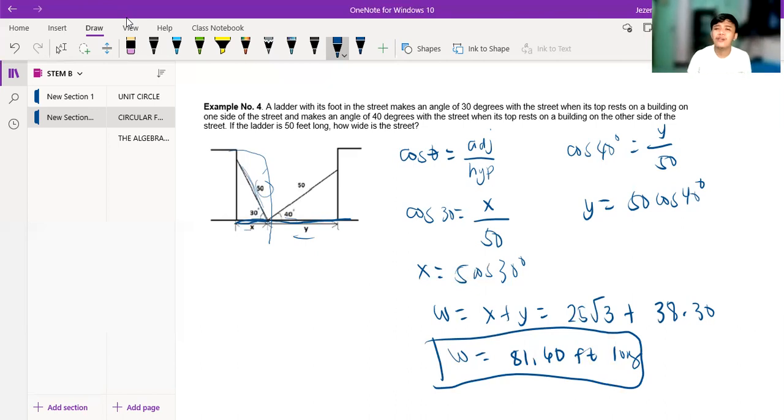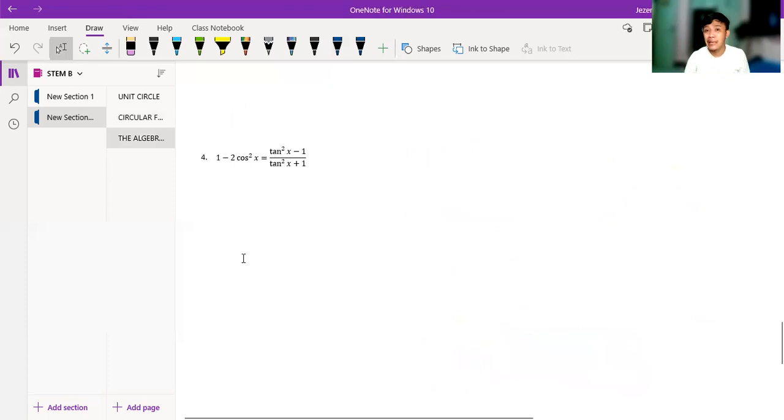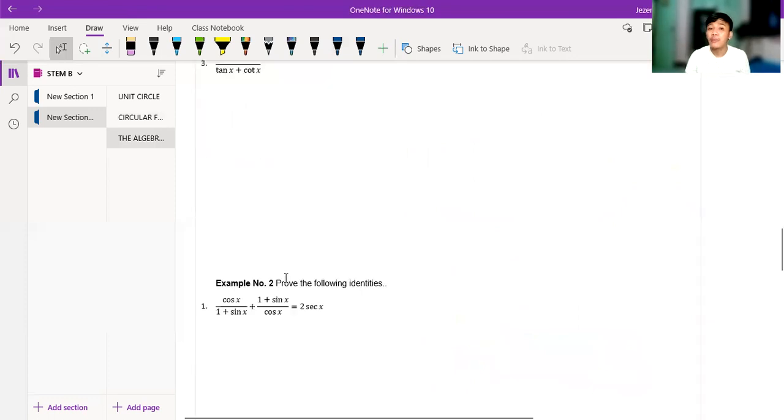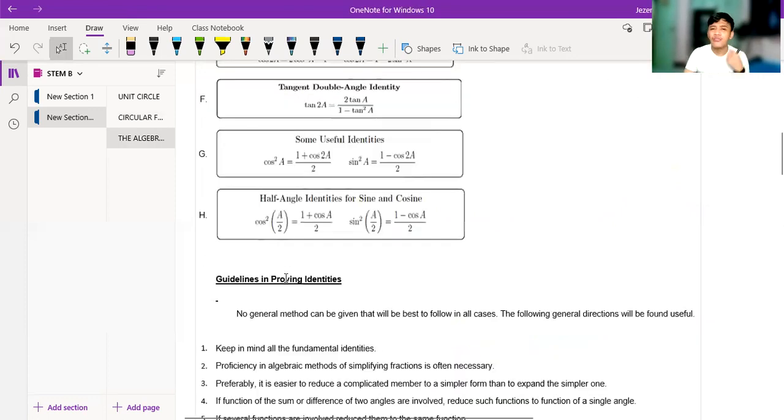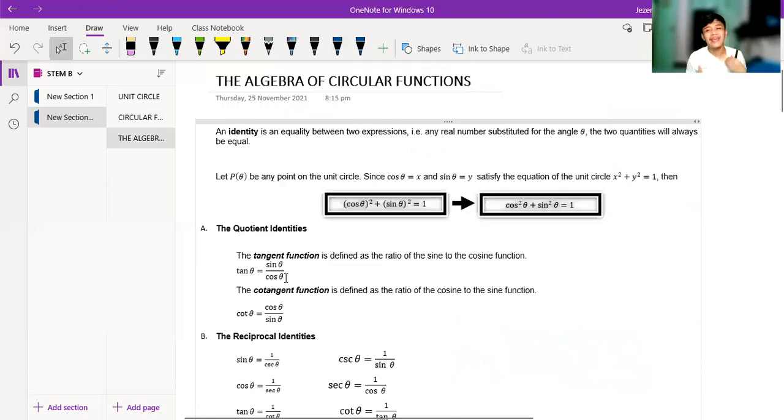Ito yung isa sa mga pinakamahirap pagdating sa engineering, itong trigonometric identities. Ang dami kasi niya, pero hindi ko di-discuss lahat. Ang di-discuss ko lamang sa inyo ay yung pinakamadadali lamang.